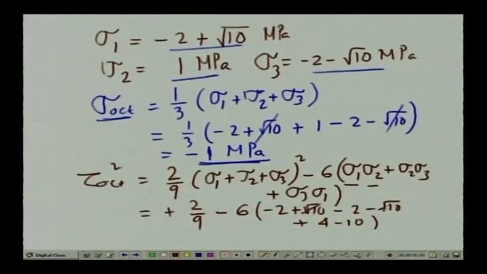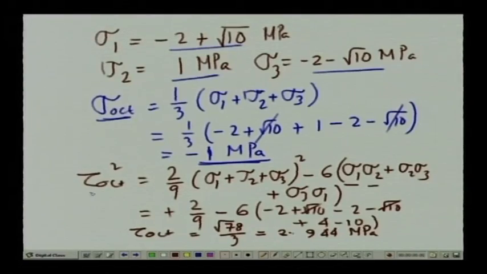So, this gives you minus 10. So, tau octahedral from this we get as root of 78 by 3, which is equal to 2.944 MPa. So, these are the values of sigma octahedral and tau octahedral.